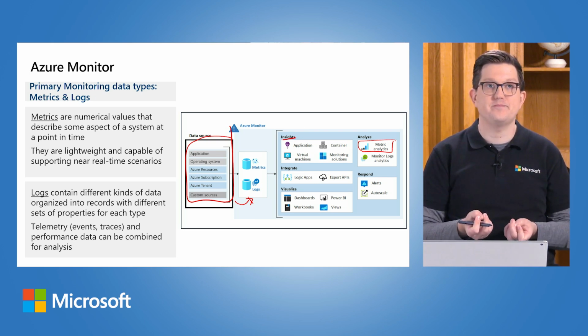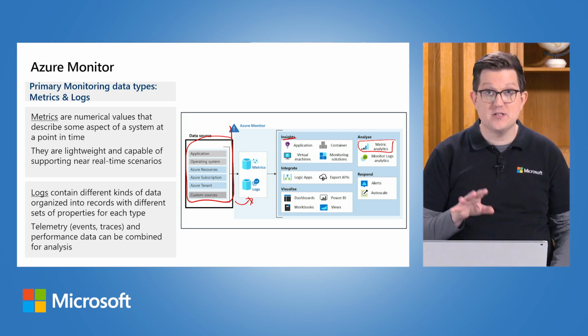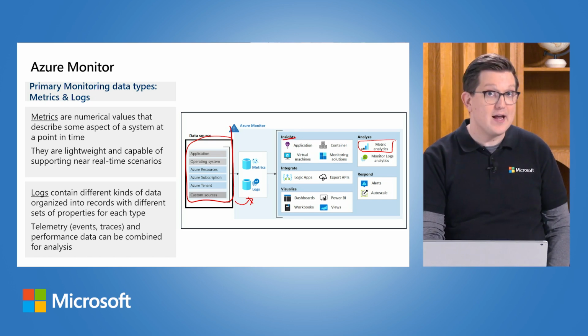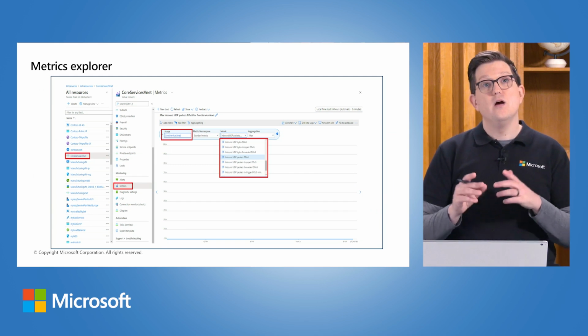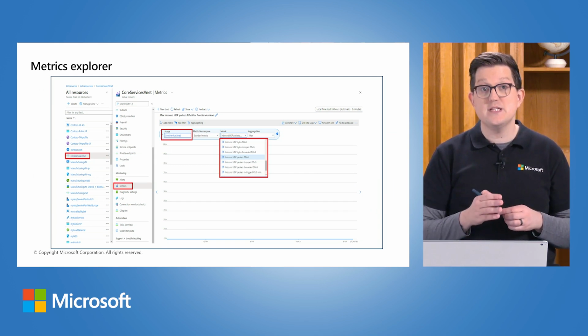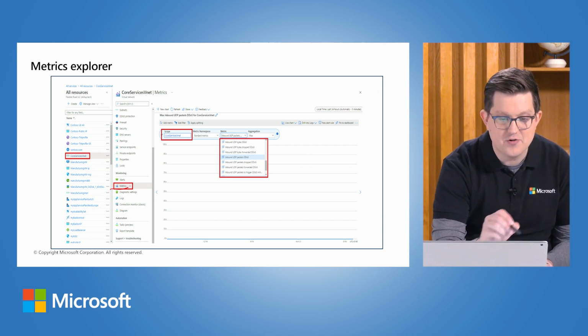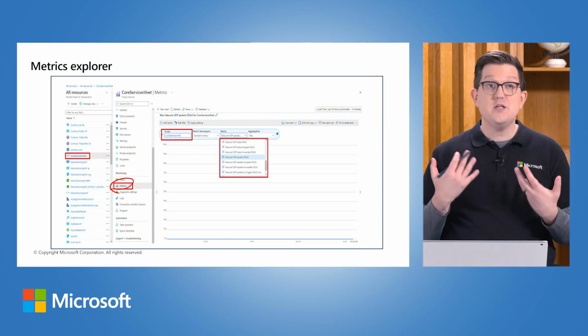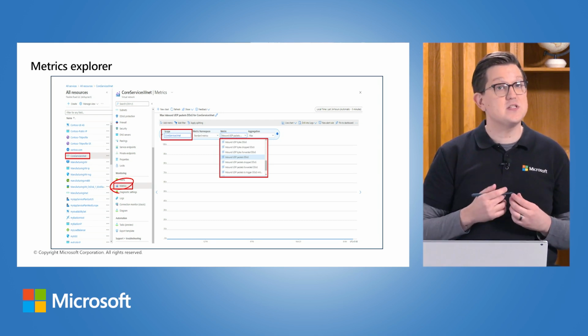Let's begin with the Metrics Explorer, because this is a fairly simple one that's accessible to you right now. On any Azure resource, you can go into the resource itself and hit this metrics button that is on the left-hand blade. Once you do that, you'll be presented with this metrics view.